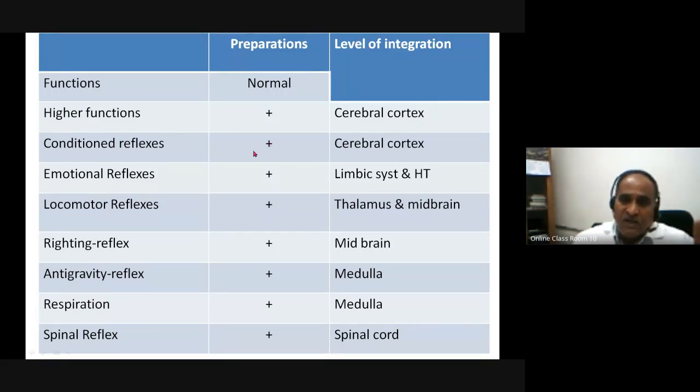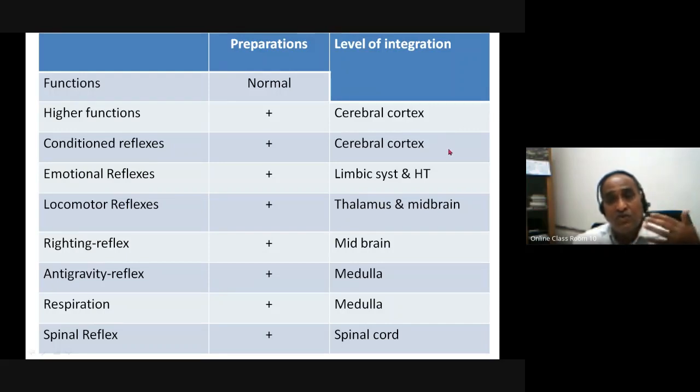Then in a normal individual, we can establish conditioned reflexes. We already have certain conditioned reflexes which are well established. For example, the smell of food produces salivation, or around 12 o'clock in the afternoon you feel hungry, and that is the conditioned component. These conditioned reflexes require the presence of a cerebral cortex, because of the sensations coming up.